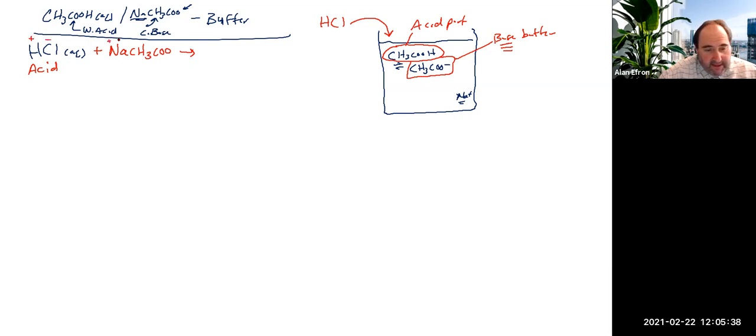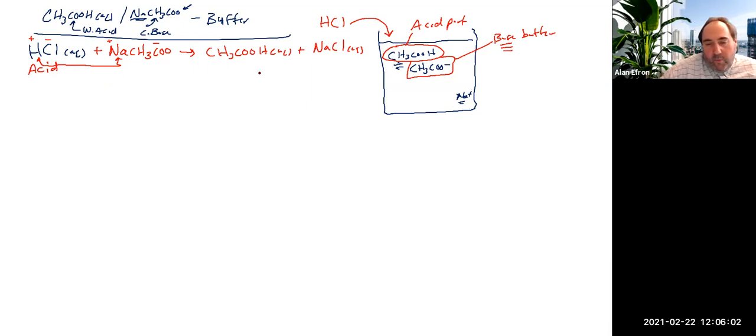Positive, negative guy, positive, negative guy. Two positive guys switch partners. It is going to produce acetic acid in that double displacement move, and it's going to produce some sodium chloride in this case, right? This guy and this guy are going to basically switch partners.